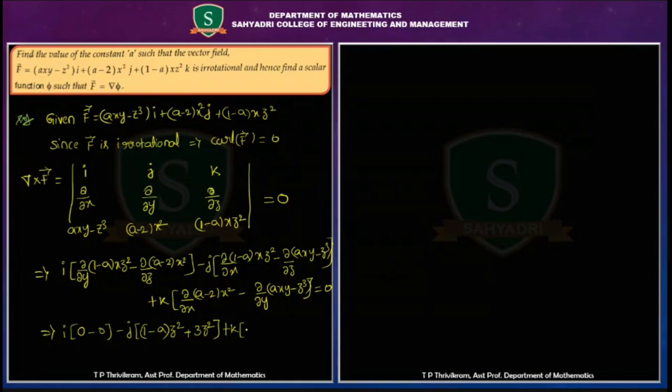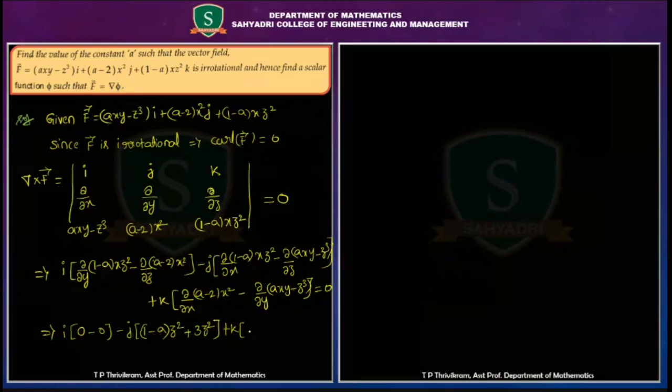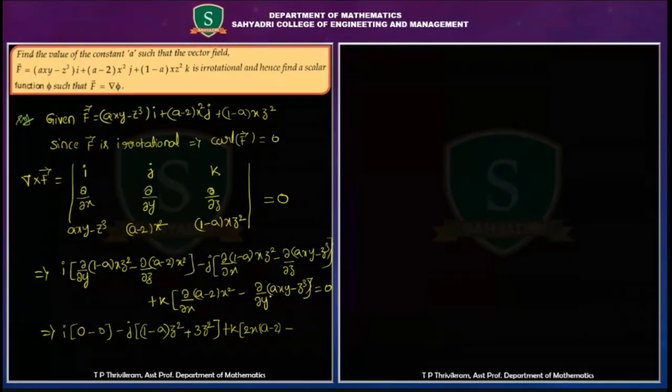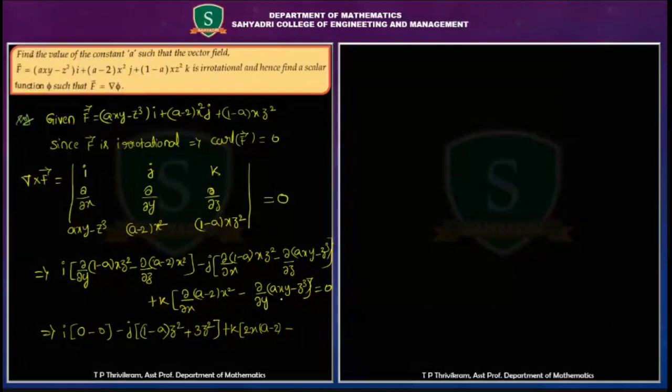Plus K into, differentiate this, how much you'll get? Differentiation of X square is 2X, into (A minus 2), minus this one, AX. Equal to 0.